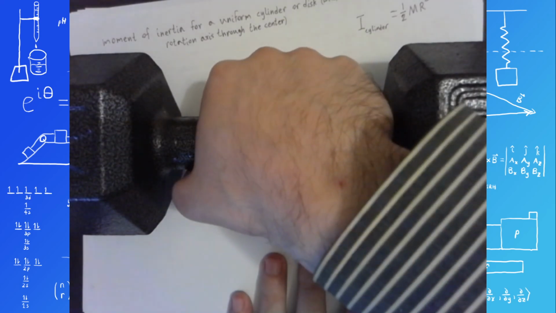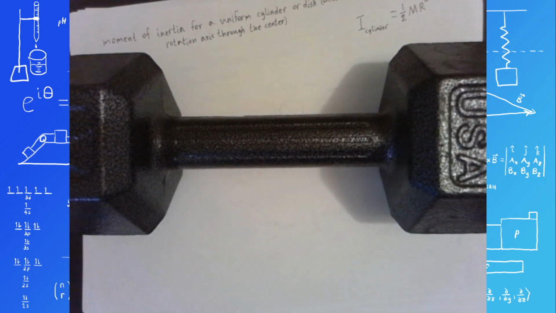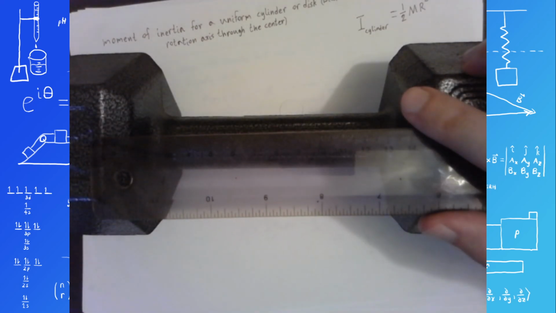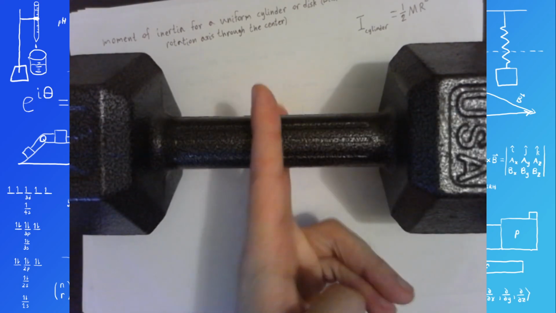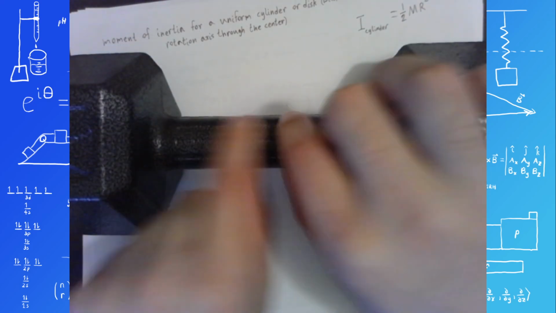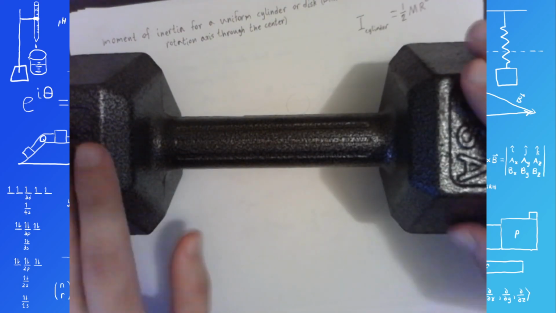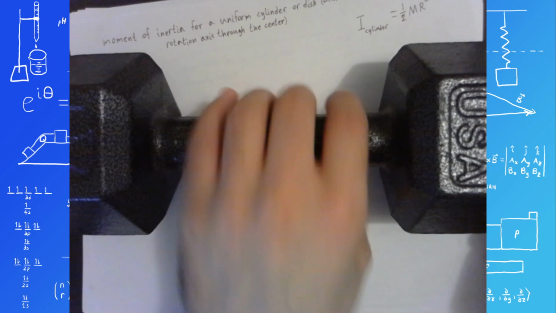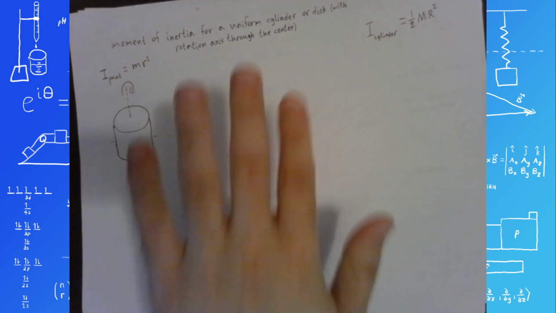So if I treated the masses of these two lumps as being at a single point, I would say that the mass is at a point that's, let's see, if this was 15 centimeters, and let's pretend that the mass of this central part is mostly in these two lumps as well, then I would say, what is this? Is this a 15 pound? Yeah, this is a 15 pound dumbbell.